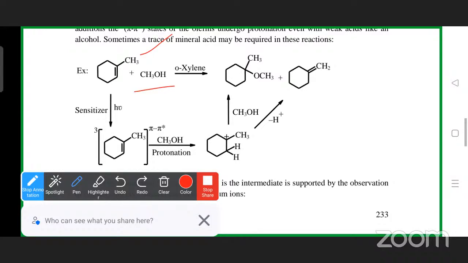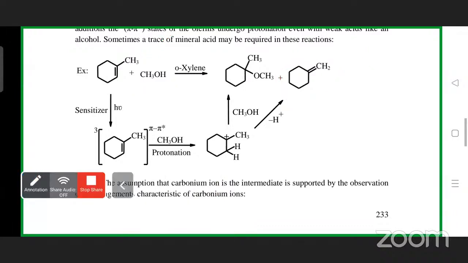So it is going to form 1-methoxy, 1-methyl cyclohexane, and this particular alkene is also forming here. You can see how these products are obtained.